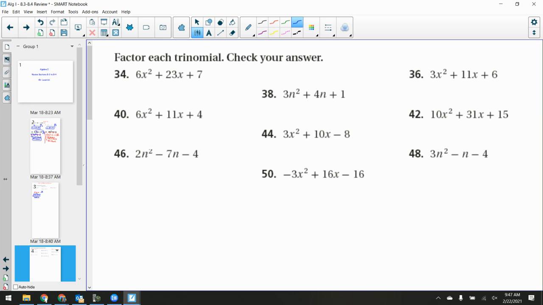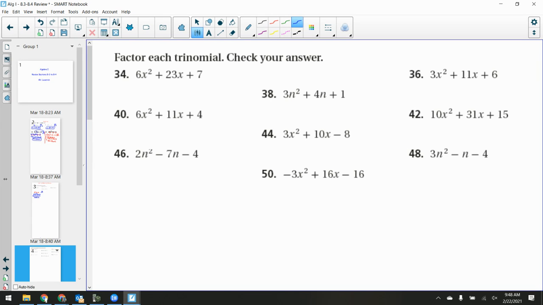So I'm going to read off a lot of answers here. Please pay attention, follow along. 34. 2x plus 7, 3x plus 1. 36. 3x plus 2, x plus 3. 38. 3n plus 1, n plus 1. 40. 3x plus 4, 2x plus 1. 42. 5x plus 3, 2x plus 5. 44. 3x minus 2, x plus 4. 46. 2n plus 1, n minus 4. 48. n plus 1, 3n minus 4.